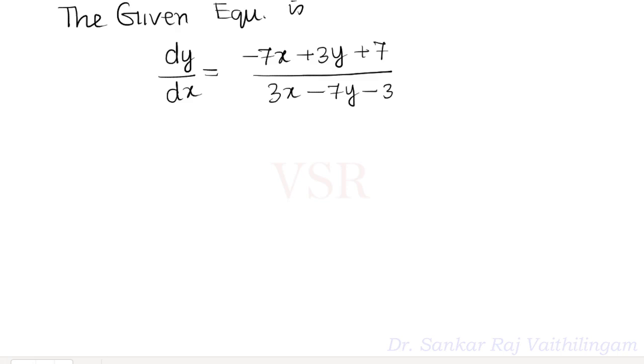Okay, so since the determinant, which determinant, minus 7, 3, minus 7, its value is 49 minus 9, so we are having 40, and this is non-zero.